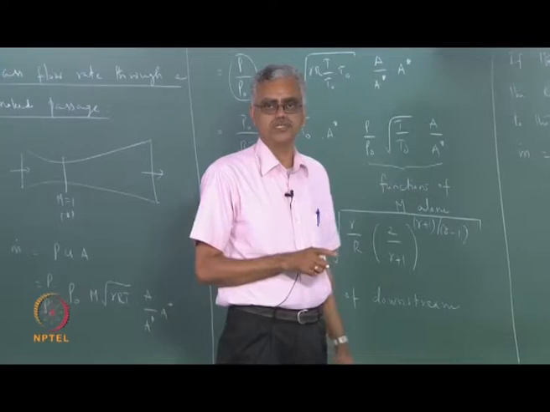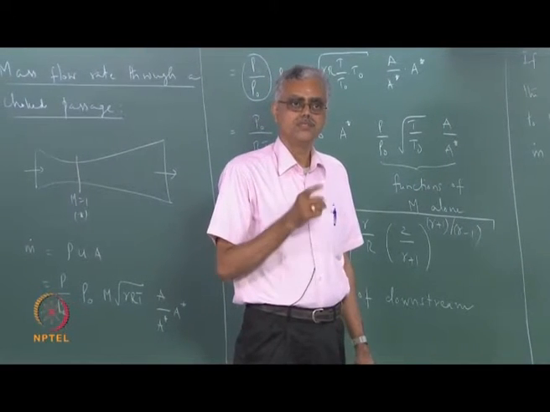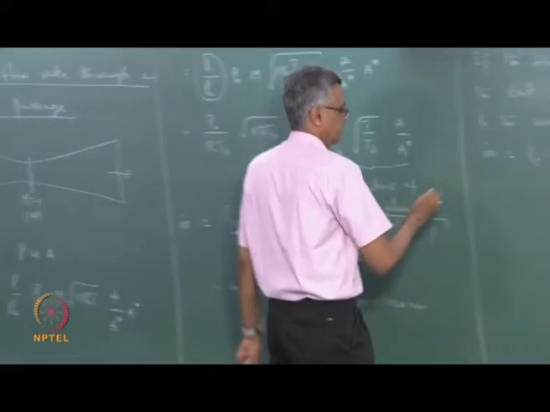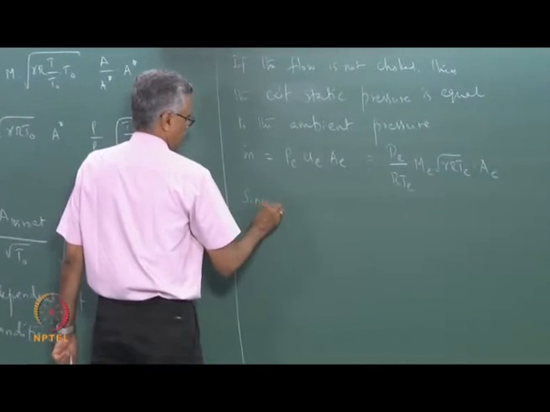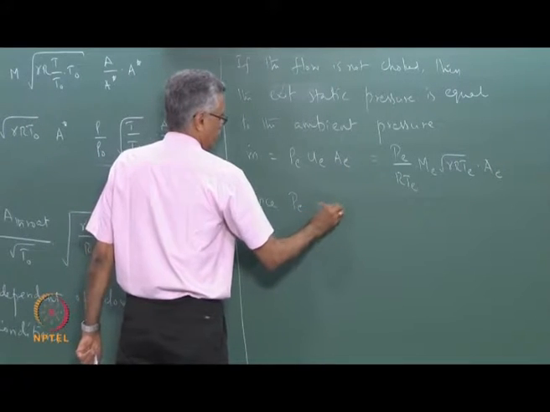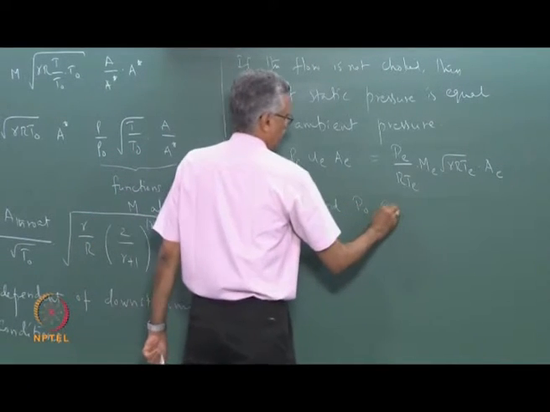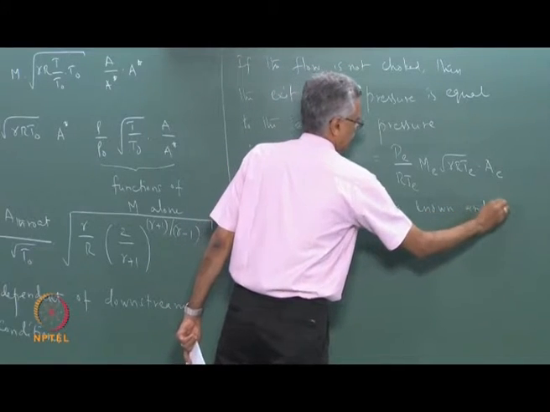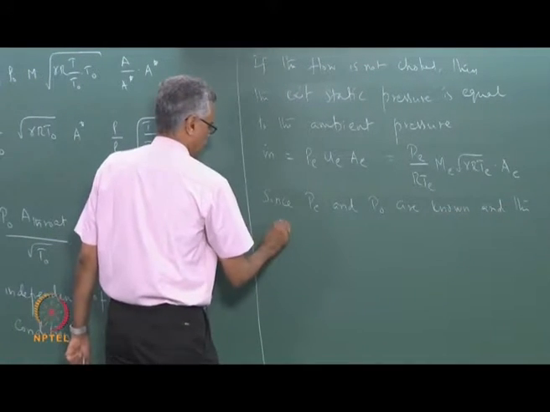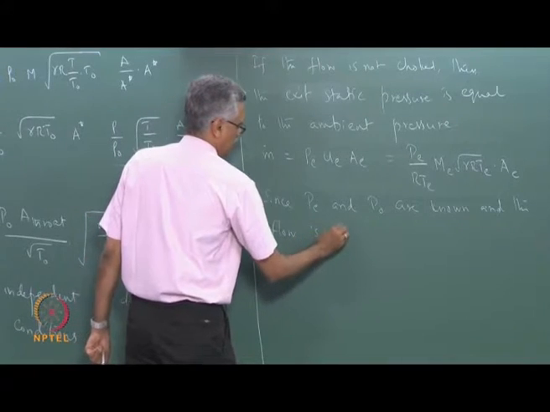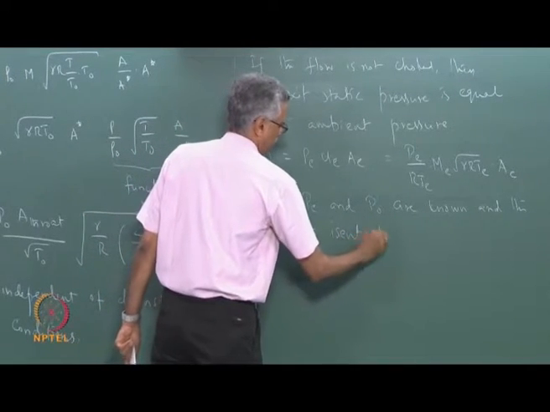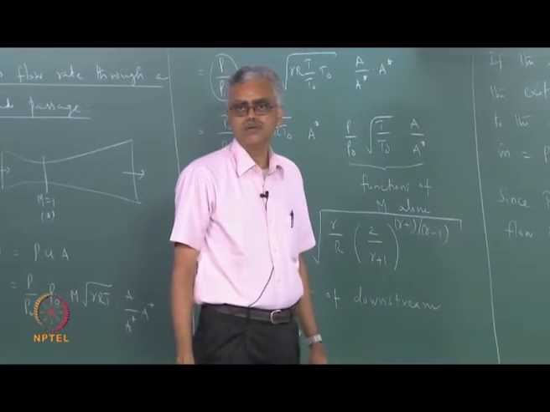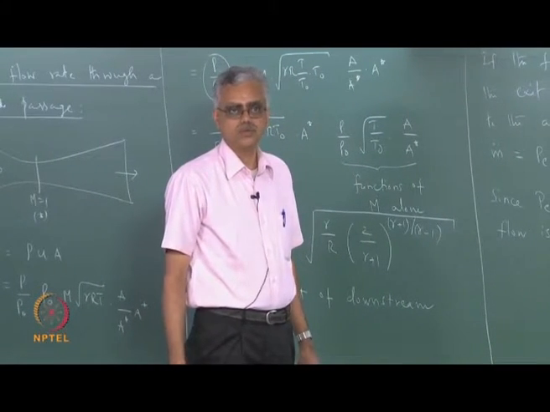Since the exit pressure is known, stagnation pressure is also known, and the flow is isentropic, this means I can get my exit Mach number by using the isentropic relationship, right.